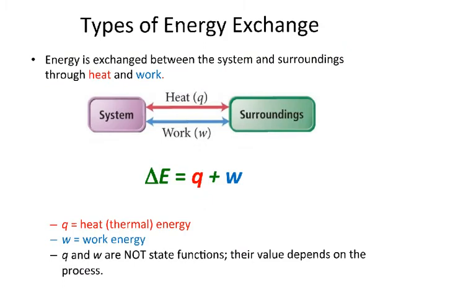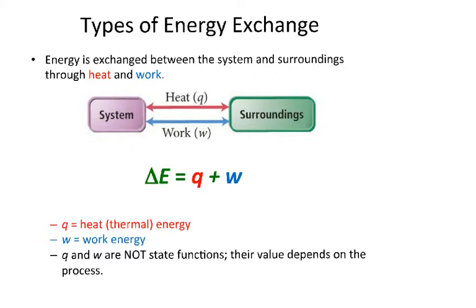Okay, so a system can exchange energy with its surroundings in two general ways, as heat or as work. So the internal energy of a system can change in magnitude as heat is added to or removed from that system, or as work is done on or by that system.